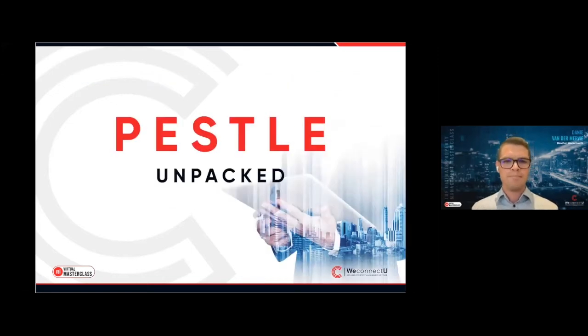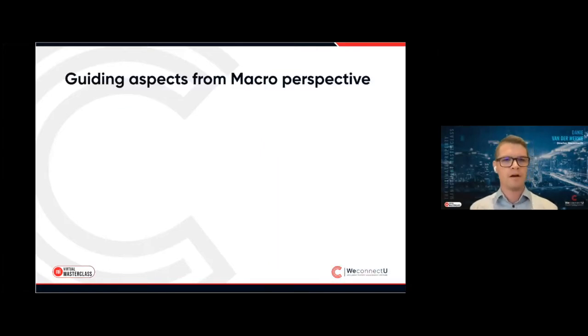In unpacking the PESTLE analysis, we will have a 2-step approach. The first step, we will look at PESTLE for no particular industry, just from a broad perspective. And then secondly, we will apply the PESTLE analysis to the property management industry. So let's look at the macro perspective.